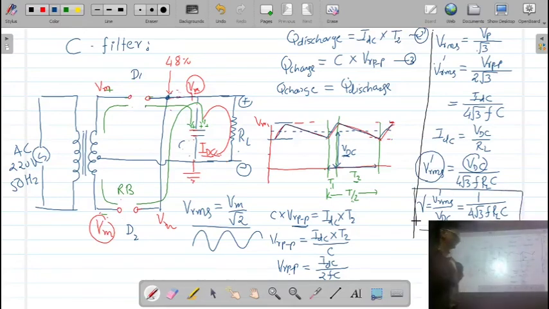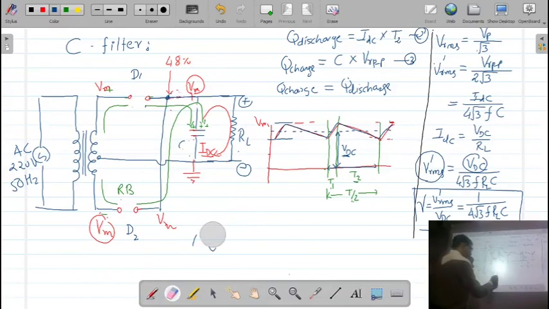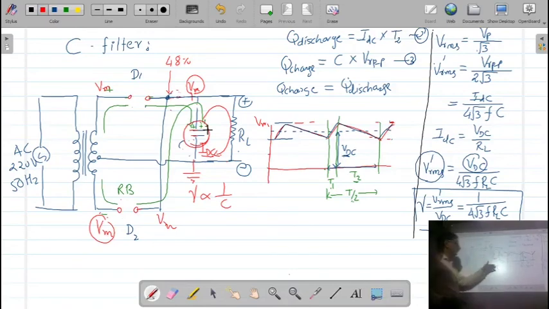What is important in this formula? Now look at this. The ripple factor is inversely proportional to the capacitor. It means as I increase the value of the capacitor, the ripple factor will go on decreasing.